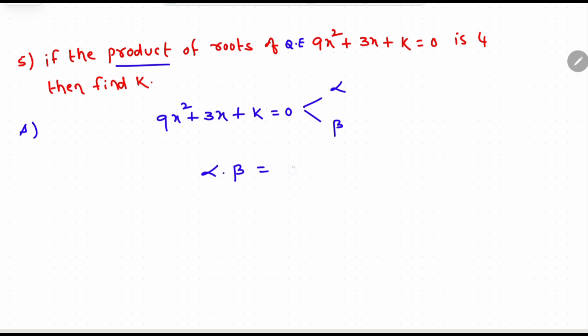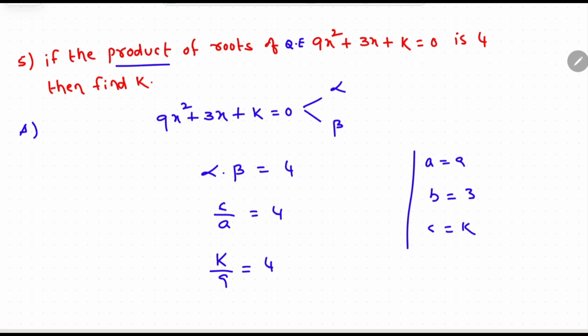That is 4. But for alpha into beta, we have the formula C by A. C by A equals 4. From the given equation, A value 9, B value 3, C value k. C by A, therefore k by 9 equals 4. Therefore k equals 36.